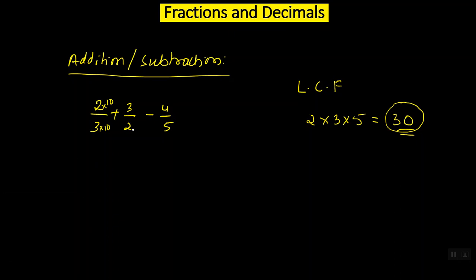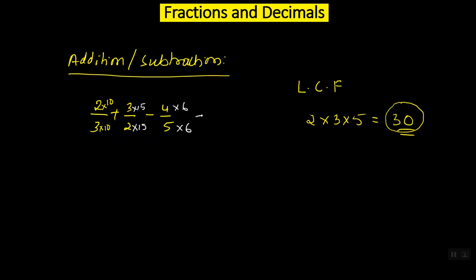Got it? Here I have 2, and 2 multiplied by 15 gives 30. Here, 5 multiplied by 6 gives 30.